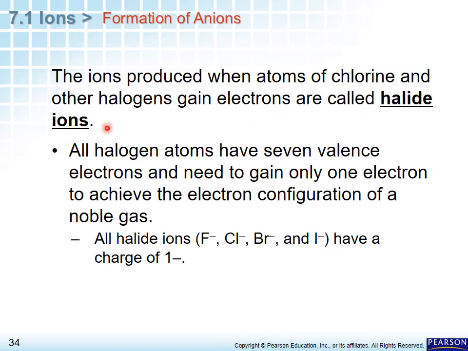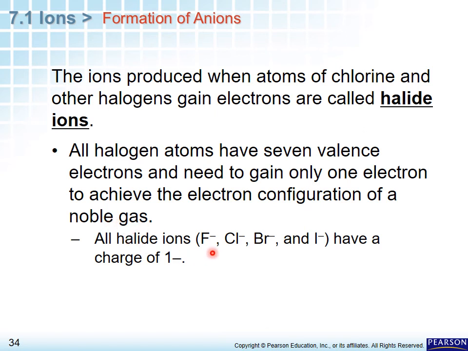Overall, chloride, bromide, iodide, all are group 7, also called halogens. So when halogens gain an electron, they are called halide ions. All halogen atoms have 7 valence electrons and need to gain only 1 electron to achieve the electronic configuration of a noble gas.